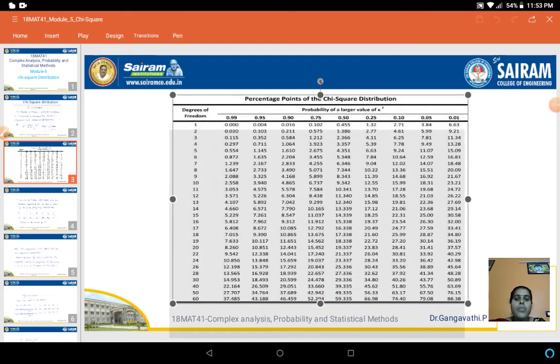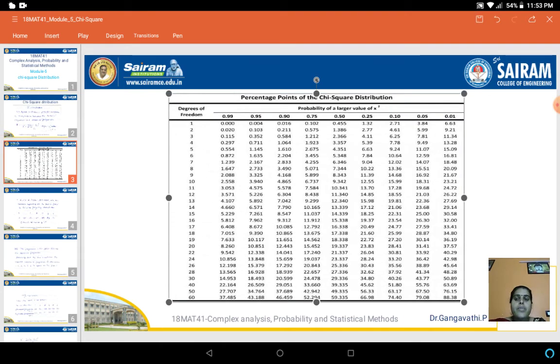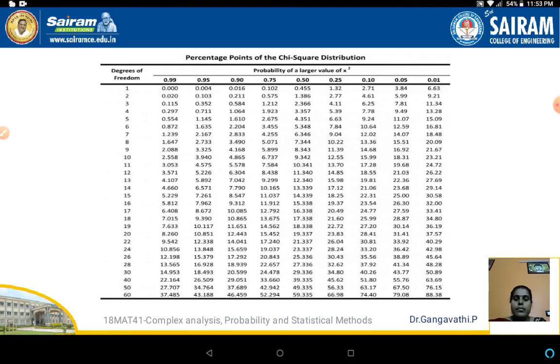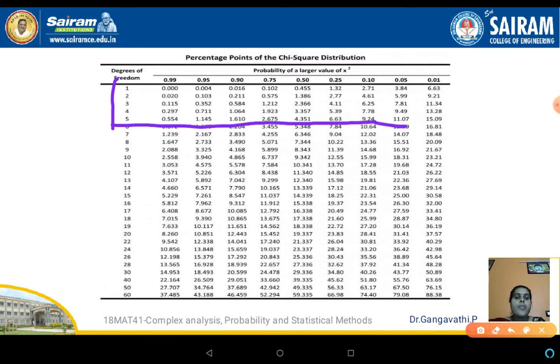So in the table, move vertically downward till 5, and at 5 move horizontally. You get at 0.05 significance level the value is 11.07. So the tabulated value of chi-square at 0.05 significance level with degree of freedom 5 is 11.07.